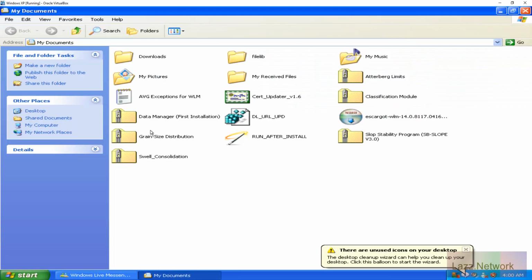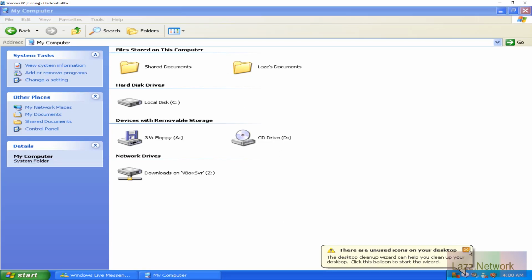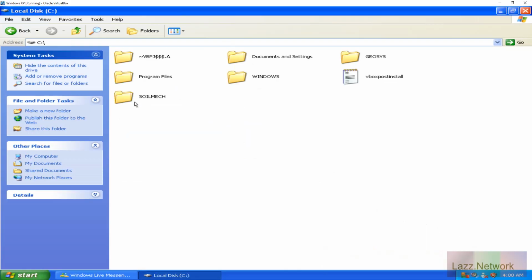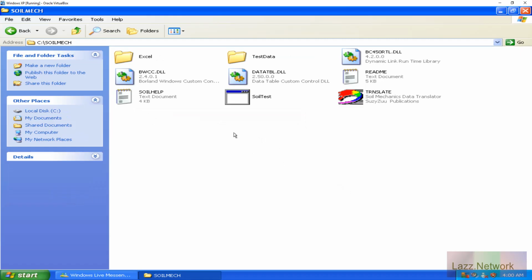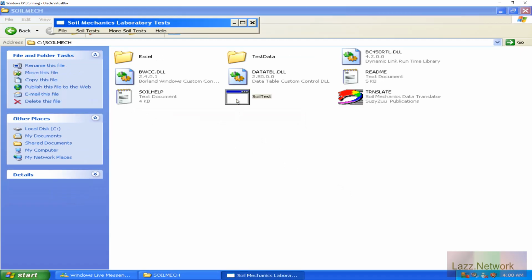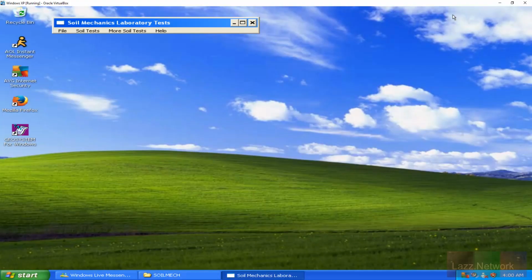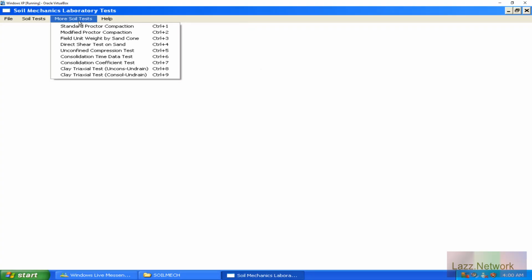I think I have it under my documents still. Hopefully. No, probably not. See, told you it's been a while. It might actually be in program files. No, never mind. I just put it under here. Okay, I think it's under more soils tests.